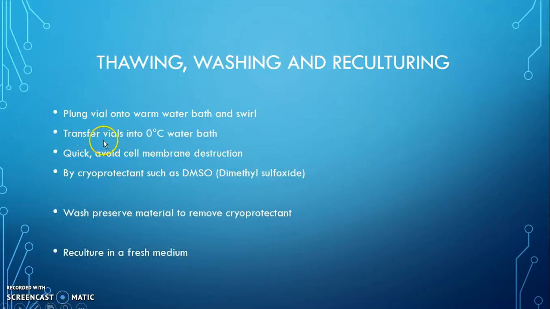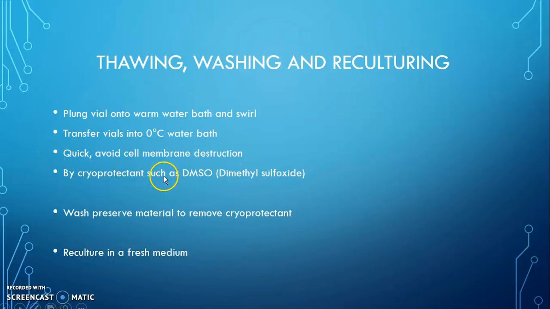When you want to propagate or regenerate the plant sample that you stored in the cryo state, the sample will be collected and plunged into a water bath. The water bath is usually at a temperature of 0 degrees Celsius, and the thawing process should be very, very quick.